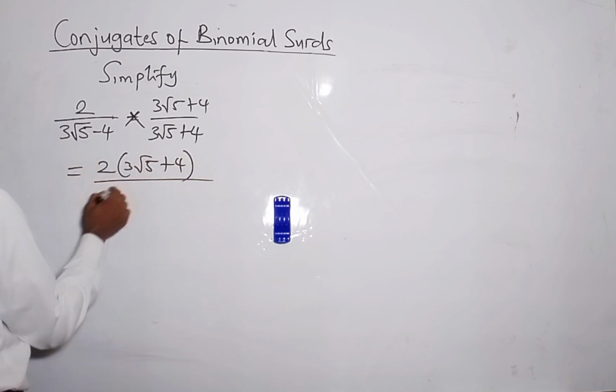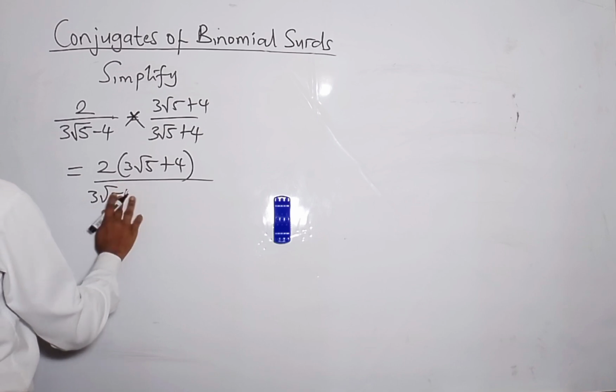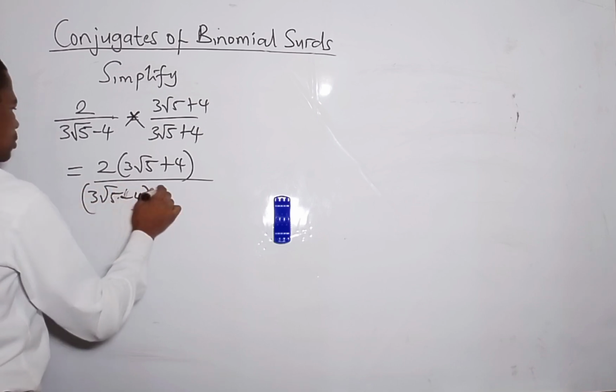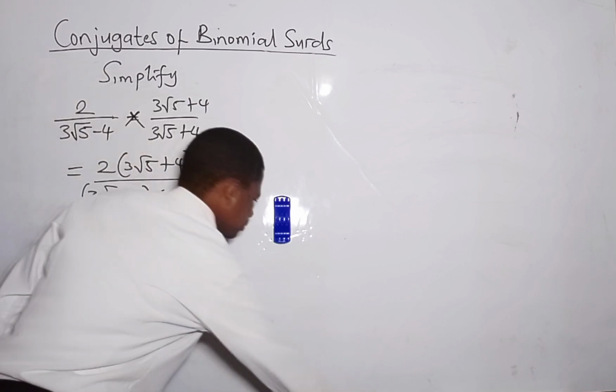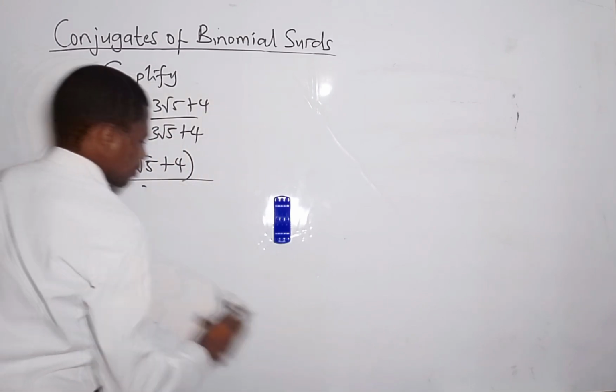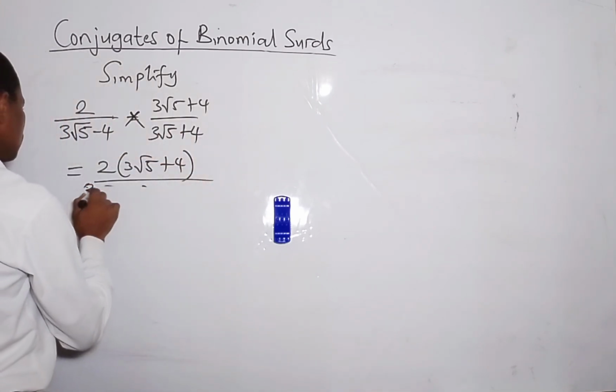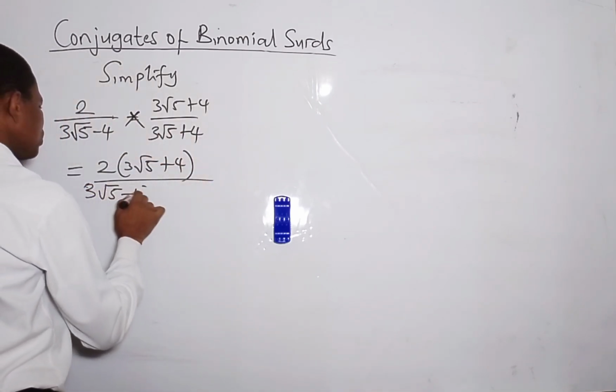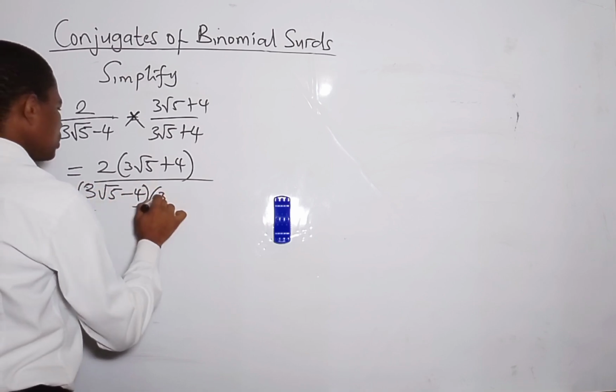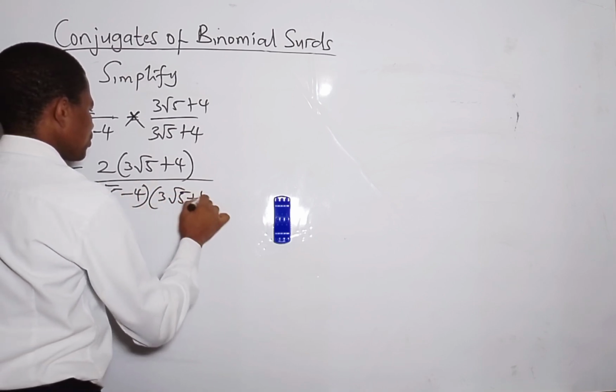And then we have 3 root 5 minus 4 times 3 root 5 plus 4.